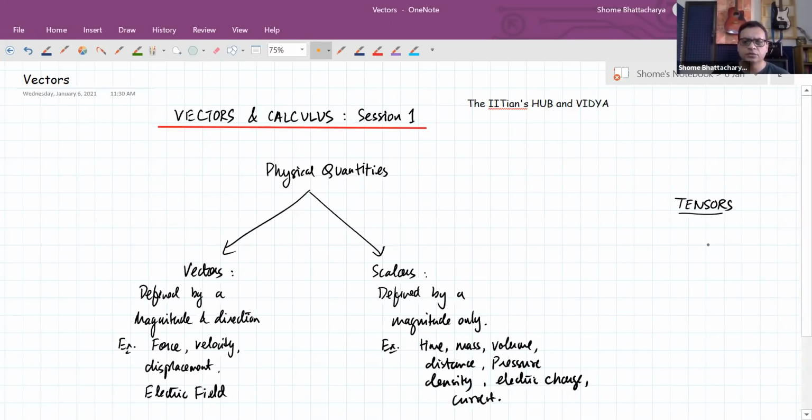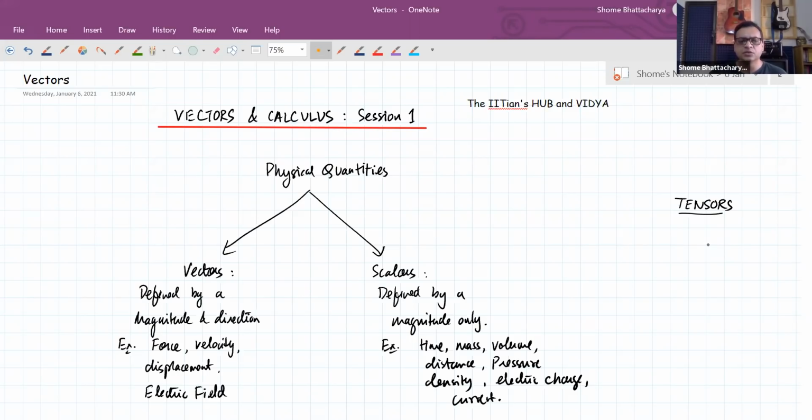However, you should know that in certain situations, a quantity like, let's say, the moment of inertia of a rigid body in physics, or a quantity like a pressure field, will have to be defined by a type of tensor where it would come in the category of neither a vector nor a scalar. So in a more general sense, we say that vectors and scalars are both categories of tensors, like subsets of tensors, and tensors are more varying in their numbers and qualities.